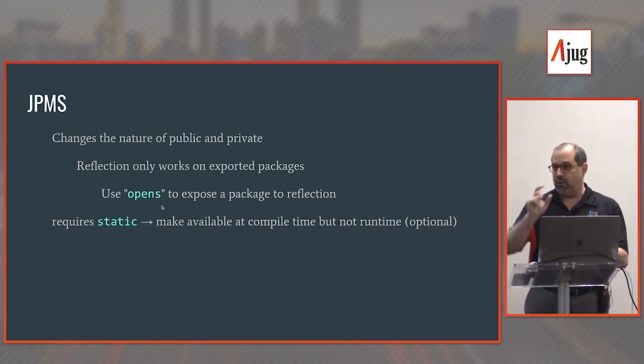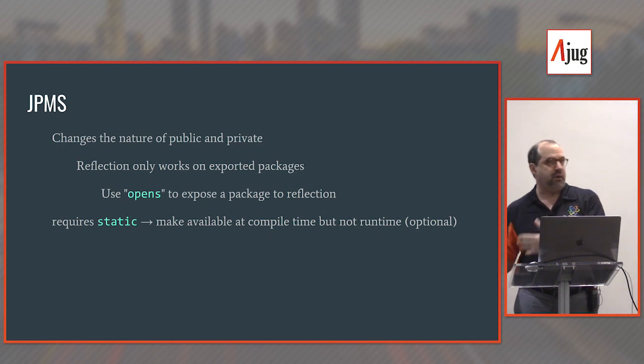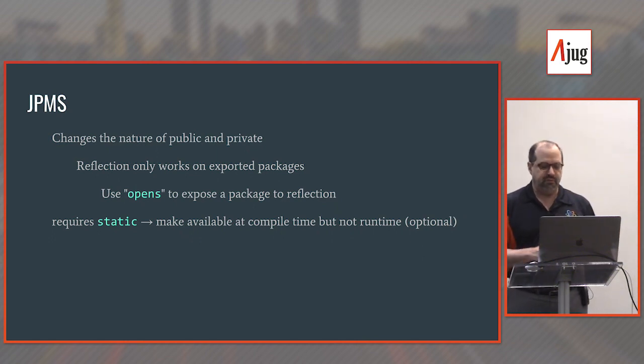You can open a module or individual packages within a module. You can use the static keyword to mean this is required at compile time, not at runtime. There are some fine gradations. There is no versioning mechanism built into this, like OSGi has. There's nothing like that. So it's something. It's not bad, again, if you own all the code. The problem is if you don't.